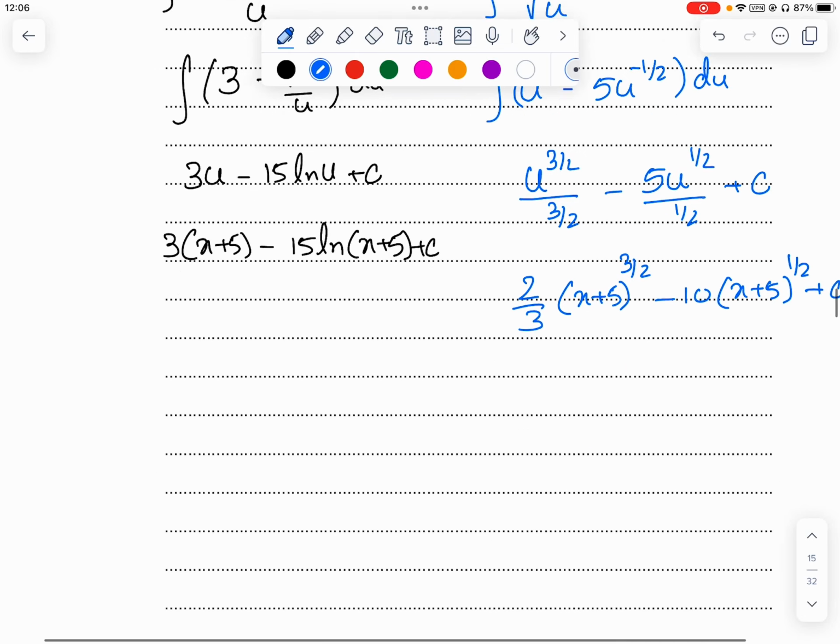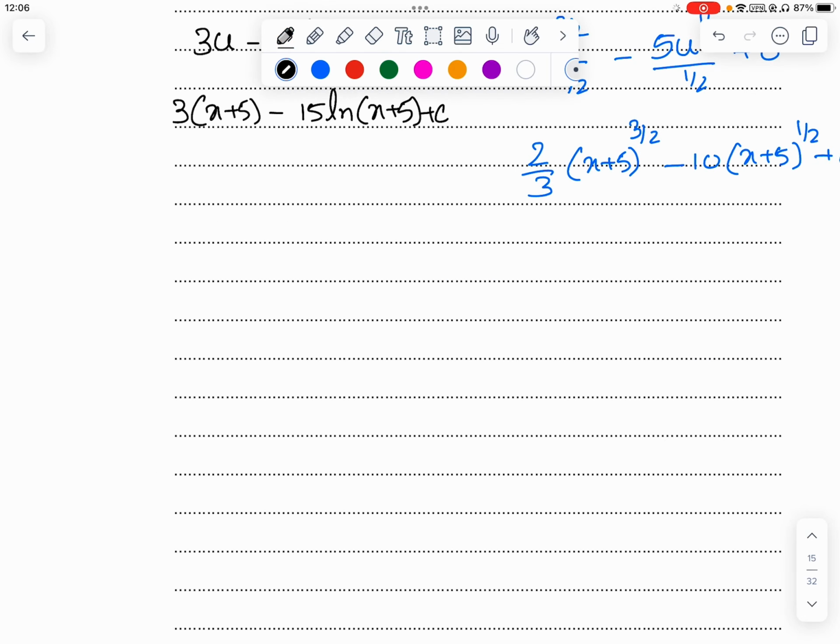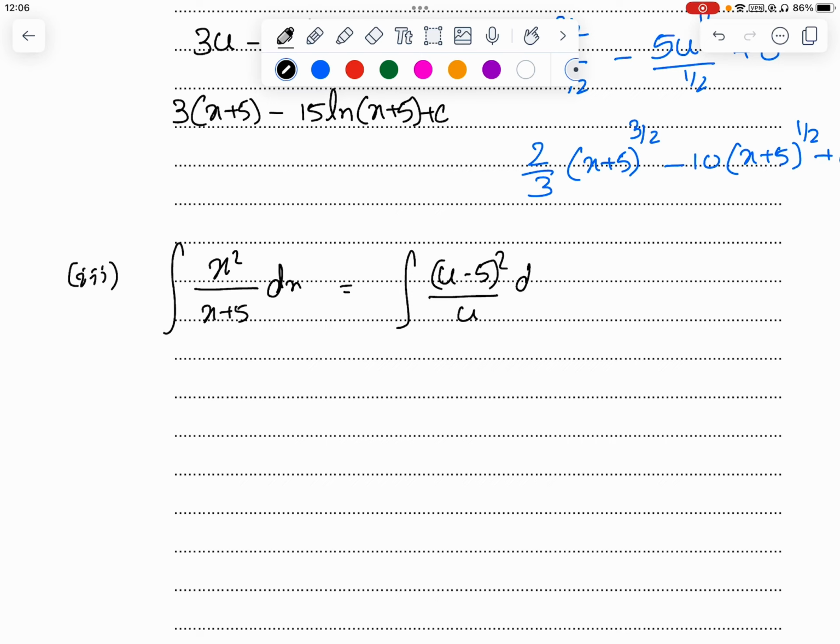Next one is part 3, integral of x square upon x plus 5 dx. X square can be written as u minus 5 whole square upon u du. So what does that become? U square minus 10u plus 25 divided by u du.